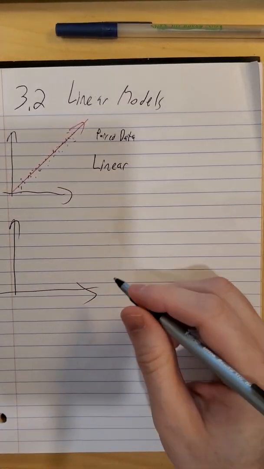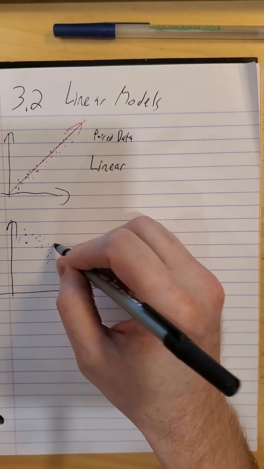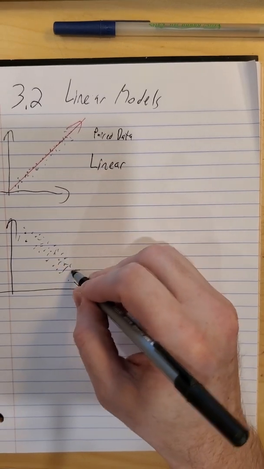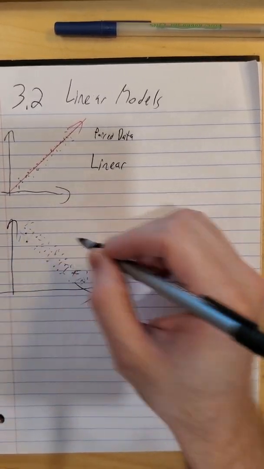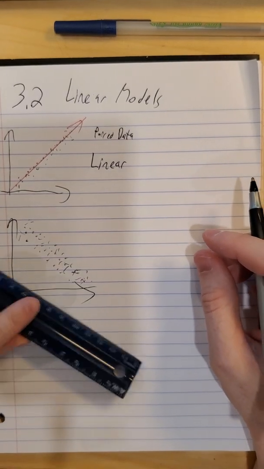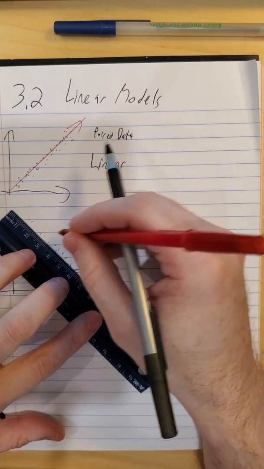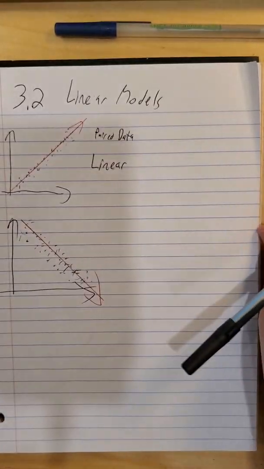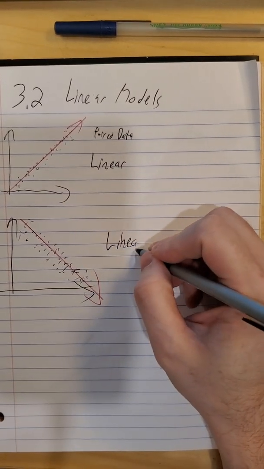And we have different strengths of linear relationships. The more scattered they are from the line, the weaker the relationship, the correlation between the two variables, but it would still be considered a linear relationship. If I can still just take one line and put it through the bulk of that data, that is still considered a linear model.